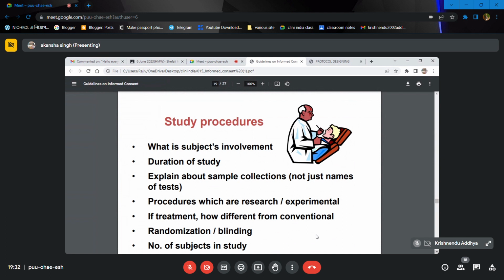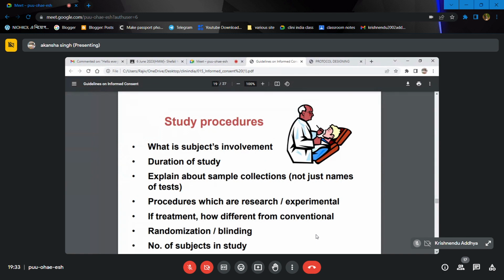Procedures which are research and experimental: there are procedures for the observational study and procedures for the experimental study, and we have to follow those procedures. If an experimental drug is given to a patient, we have to explain how it is different from the conventional or standard one.